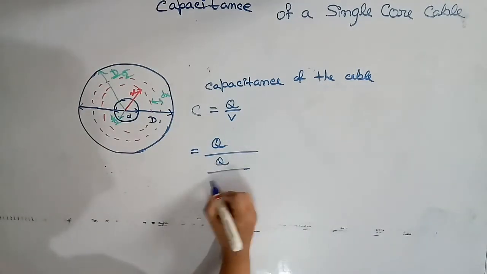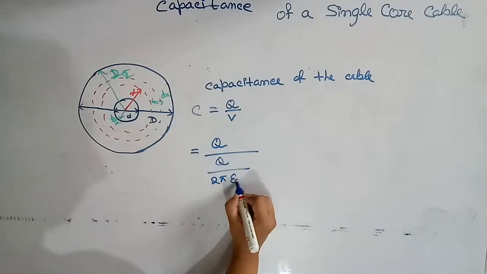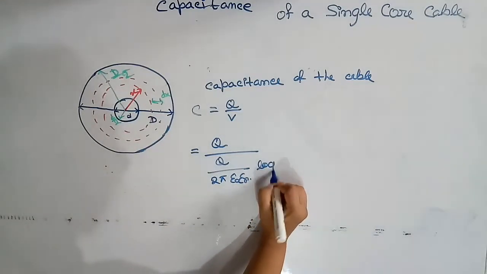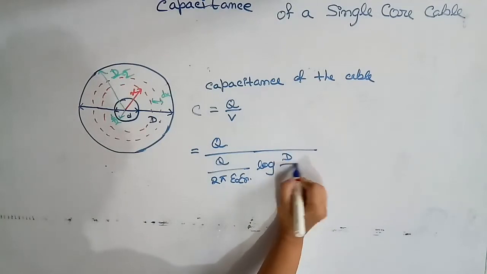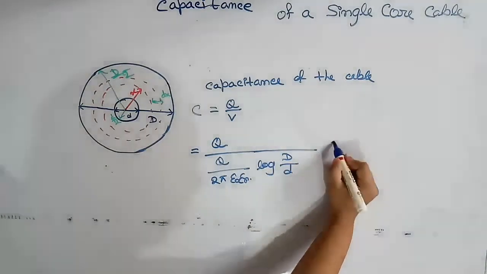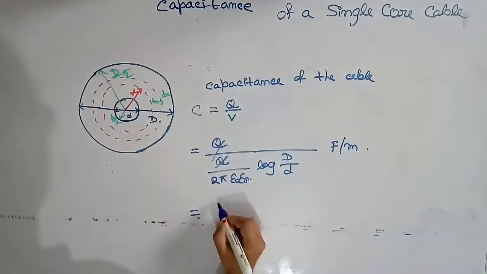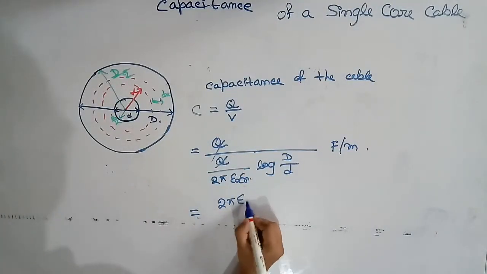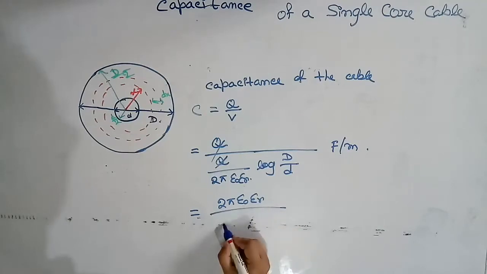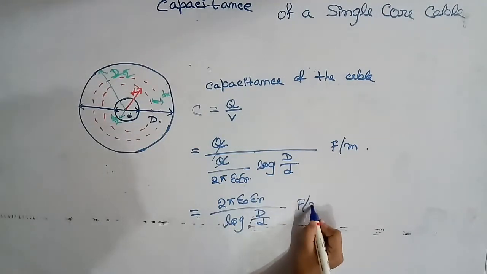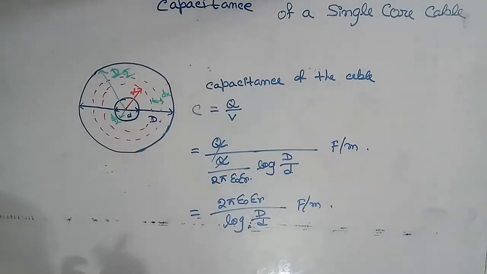Q divided by q by 2 pi epsilon 0 epsilon r log capital D by small d, farad per meter. This is equal to 2 pi epsilon 0 epsilon r by log D by small d farad per meter.